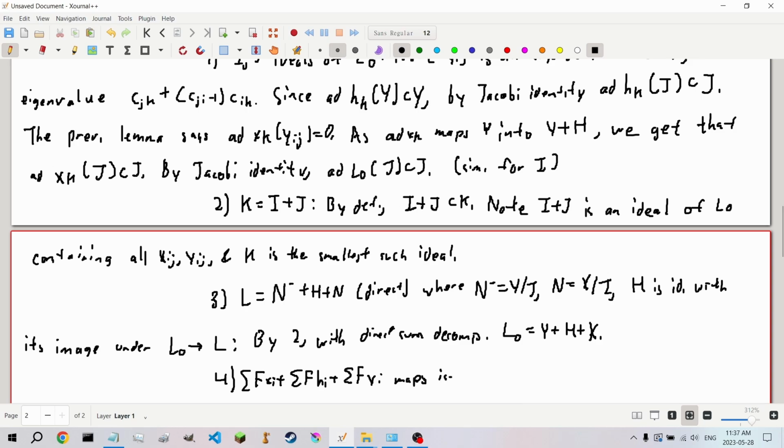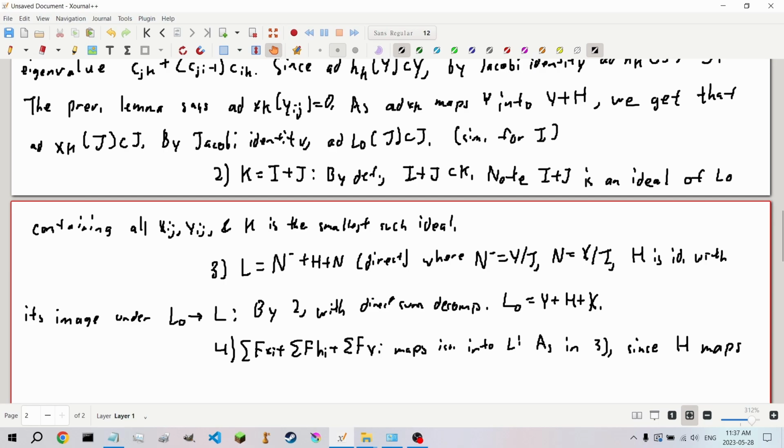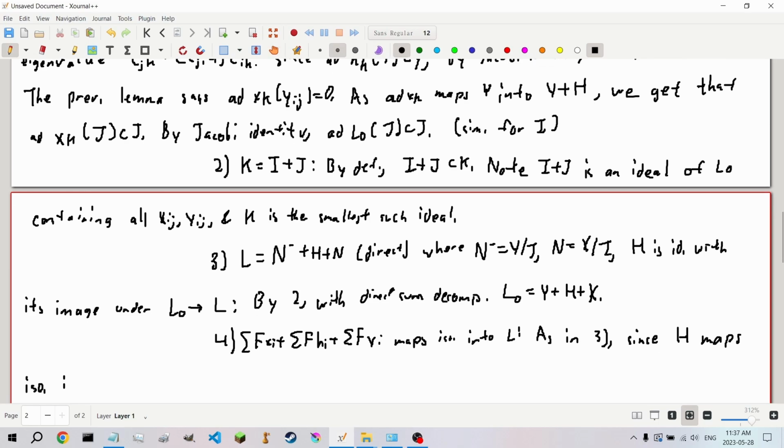Maps isomorphically into L. This is as in step 3, since h itself maps isomorphically into L. We may therefore identify our x, y, and h with elements of L. And these, of course, generate L.